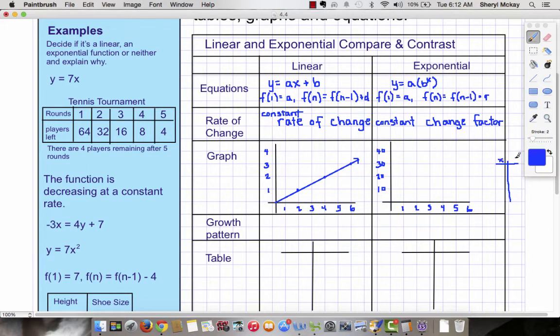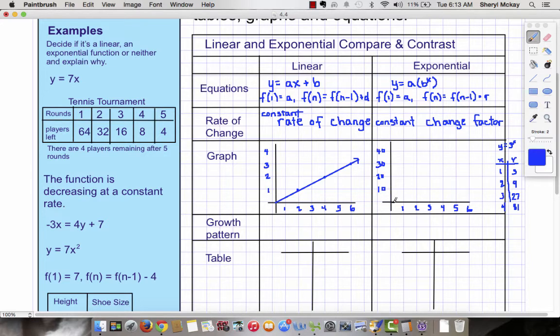We'll do x and y, 1, 2, 3, 4, and we'll say that y equals 3 to the x power. So that when x is 1, y is 3. When x is 2, y is 9. When x is 3, y is 27 and 81.